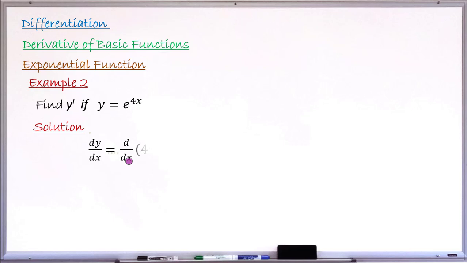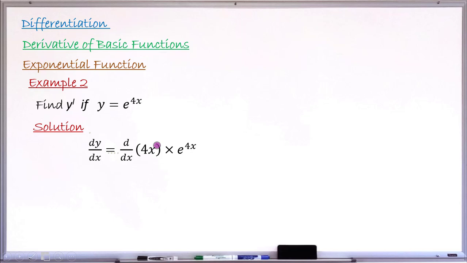So there I'm going to have d by dx of 4x, then times the original exponential function, which is e raised to 4x. So let me now get the derivative of 4x. This x has power 1.